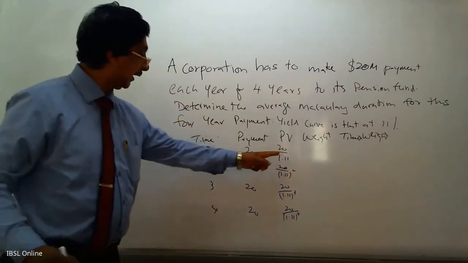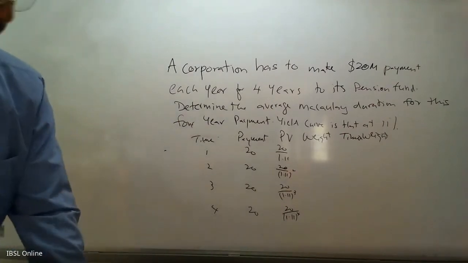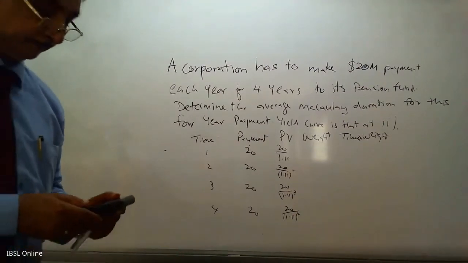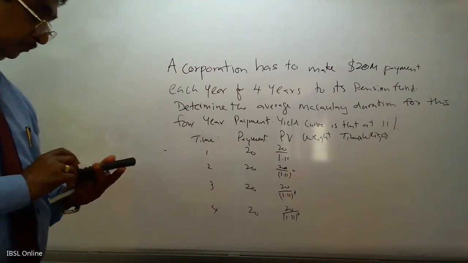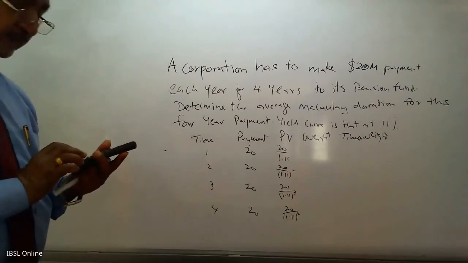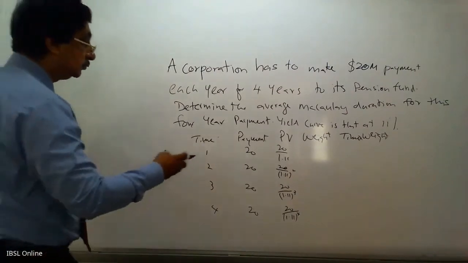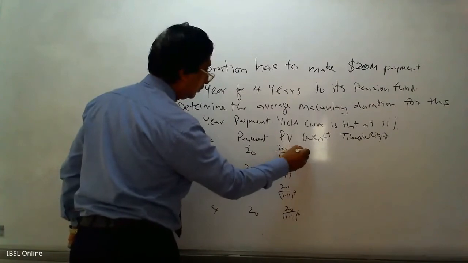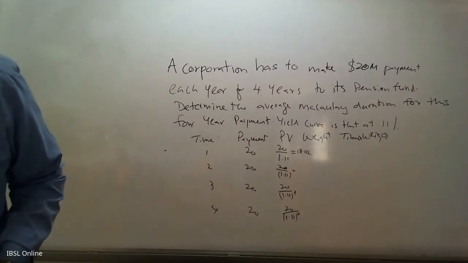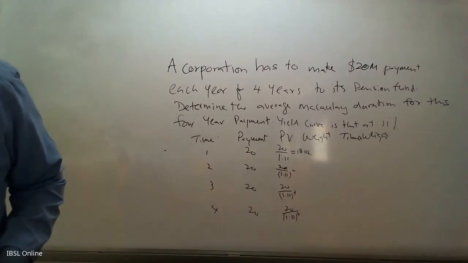Now you have to calculate the present values and then the weights. $20 over 1.11 is 18.02. 20 over 1.11 to the power 2 is 16.23.